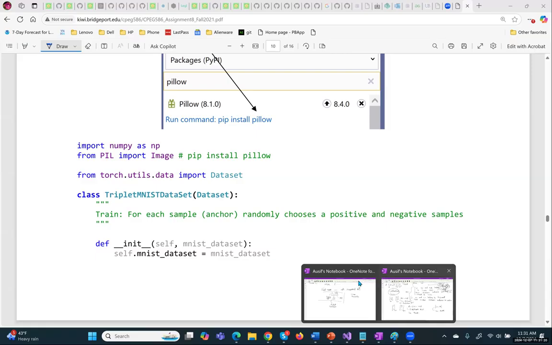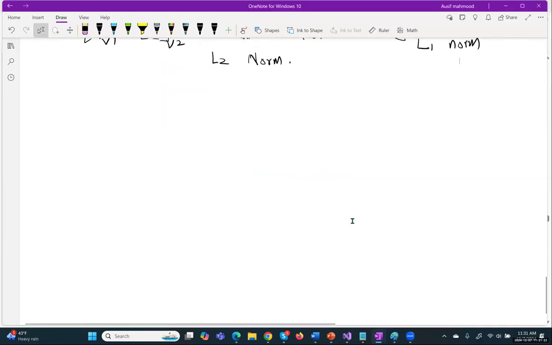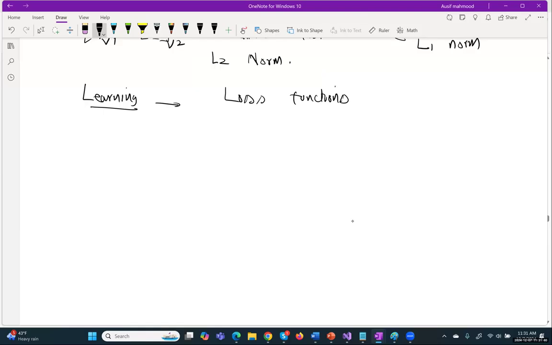Okay, so for our overall learning, we looked at some loss functions so far. For example, mean absolute error, which is the L1 distance, and mean squared error, which is the L2 distance.